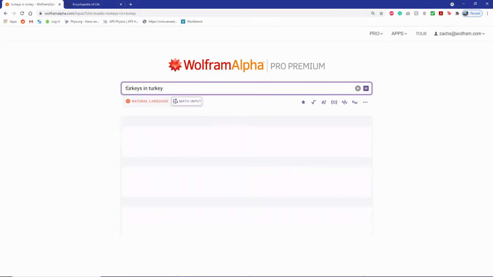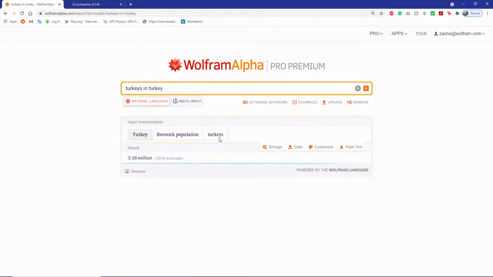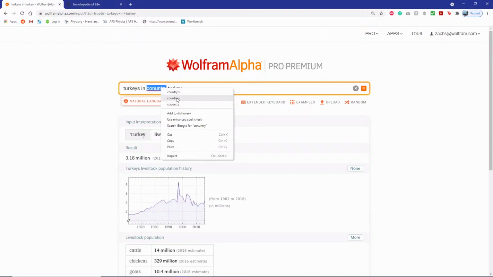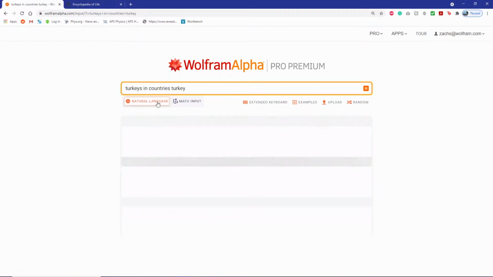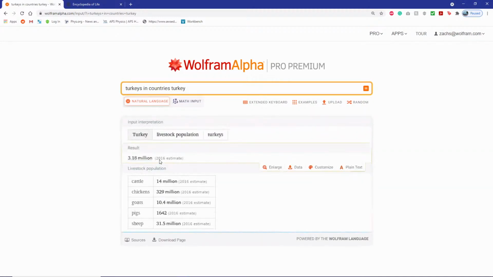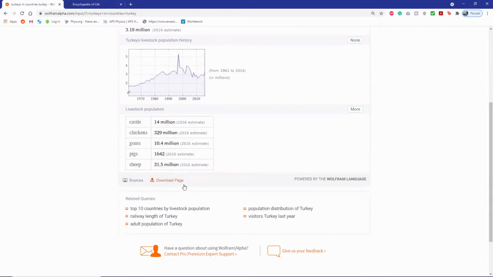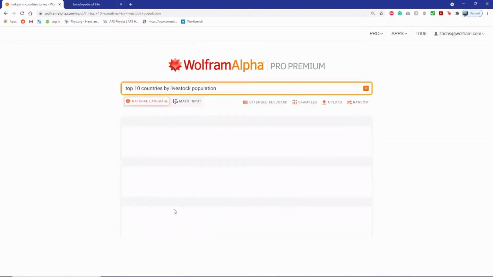When we were querying Wolfram Alpha, there's a bunch of different ways that you can ask the same question, because it's just trying to give you the answer to the question that you asked. Like here, turkeys in Turkey. You could say turkeys in the country Turkey. You could say turkey content, maybe something like that. Whatever you think the question is, it'll try to find the answer. Top 10 countries by livestock population.